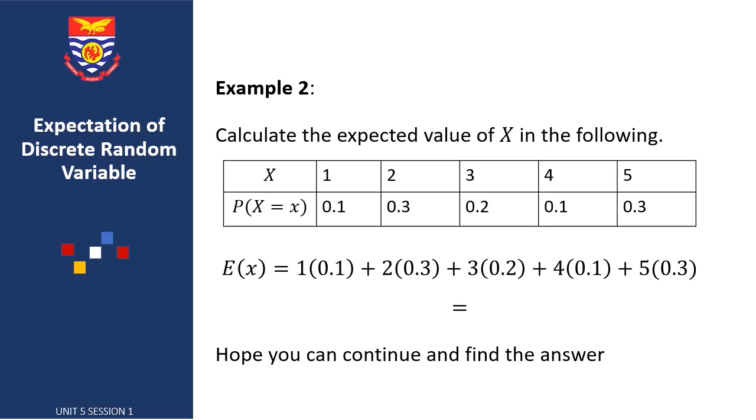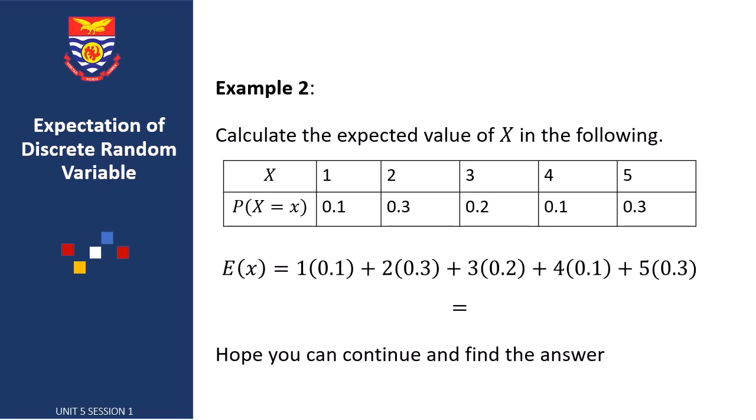Example 2. Calculate the expected value of x in the following. You are given a random variable 1, 2, 3 up to 5, and their corresponding probabilities. And of course, it's still a PMF. When you add the probabilities, you get 1.